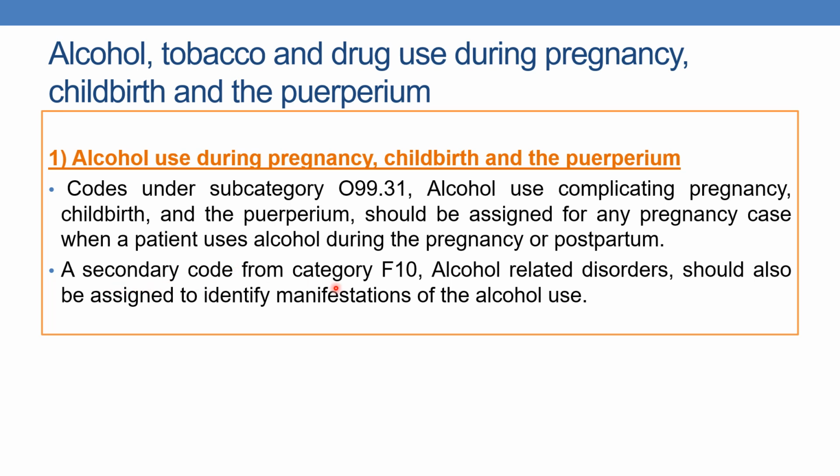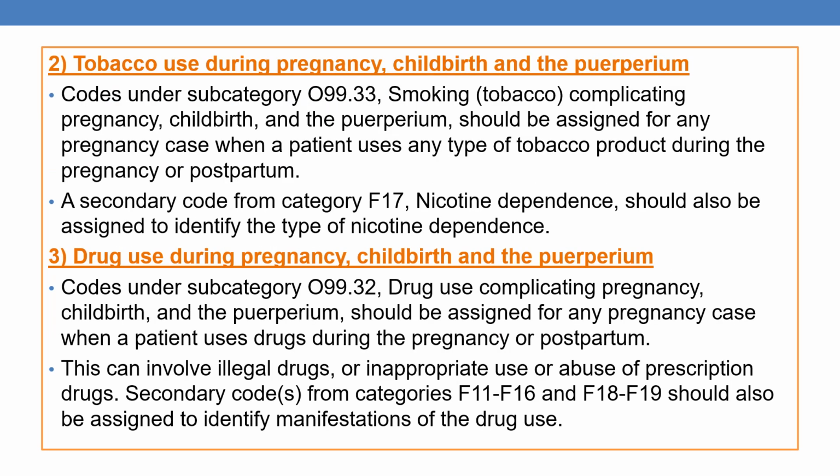And a secondary code from the category F10, alcohol related disorders, should also be assigned to identify the manifestations of the alcohol use. PDX should be O99.31 followed by SDX from the F10 series in order to identify the manifestations of the alcohol use.